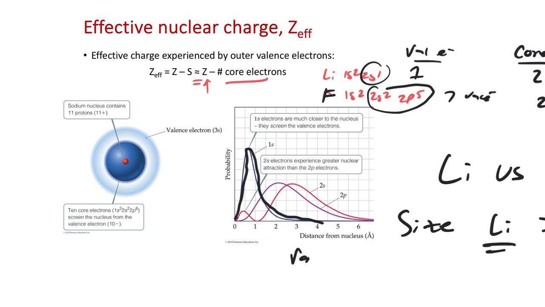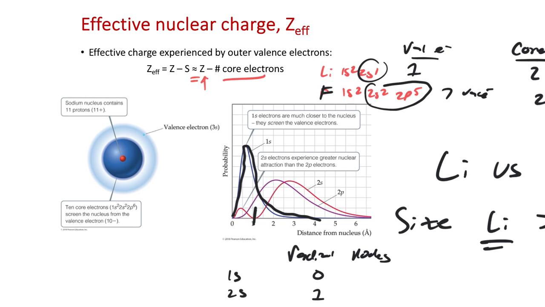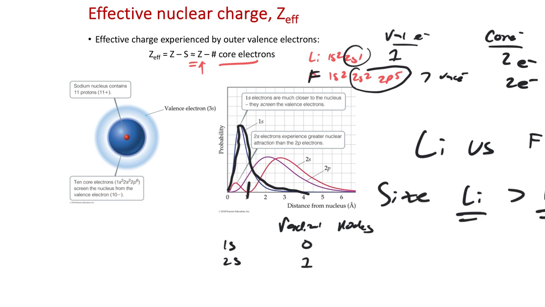We would probably only ever ask this for s orbitals, but the radial nodes for the 1s is 0. For the 2s, you see the 1 node here. And if we continued, for the 3s there'd be 2, and the 4s, there'd be 3. So if you're asked about radial nodes, it's just the n value minus 1 for s orbitals.